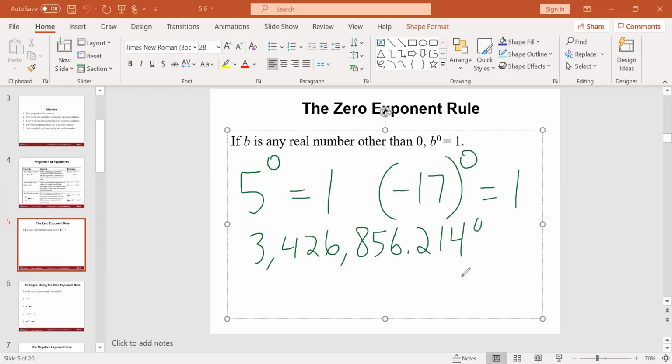3,426,856.214 to the 0th power is equal to 1. You raise to the power of 0, you get 1. With one exception.